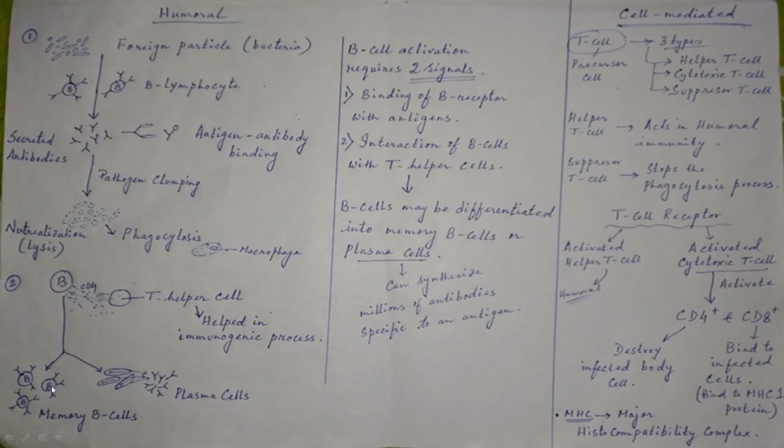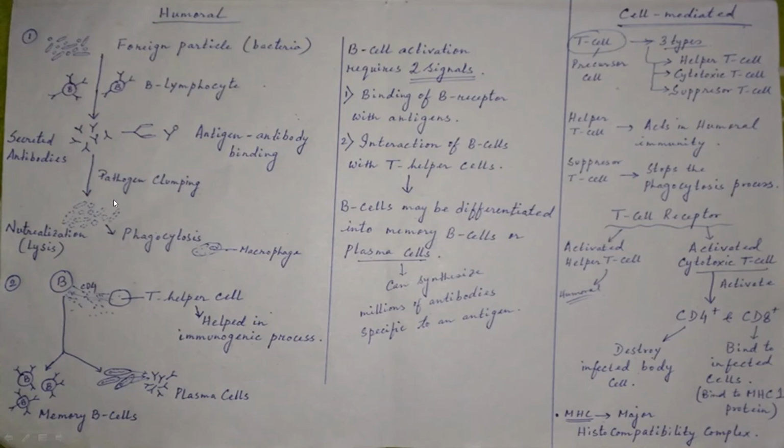Memory cells, as I said just now, can recognize and identify the pathogen. Now the antibodies specific to that antigen or pathogen are secreted by the plasma cells, and antigen and antibody binding again happens.